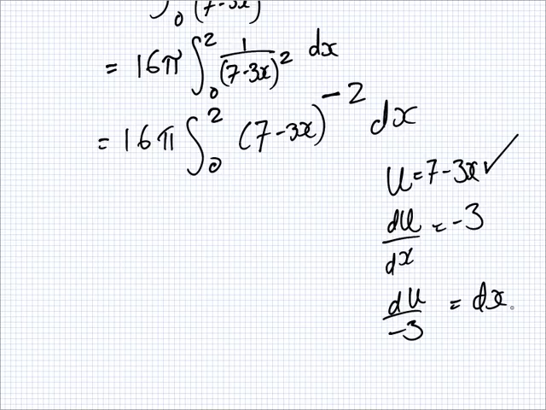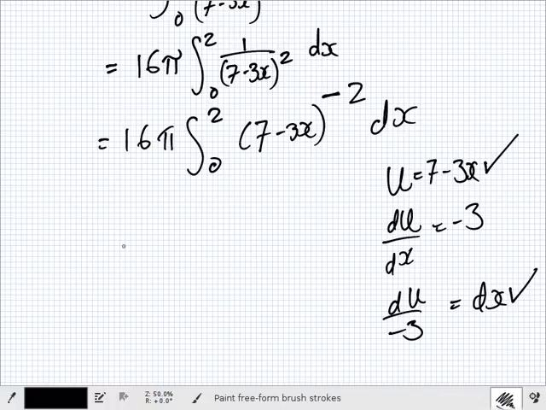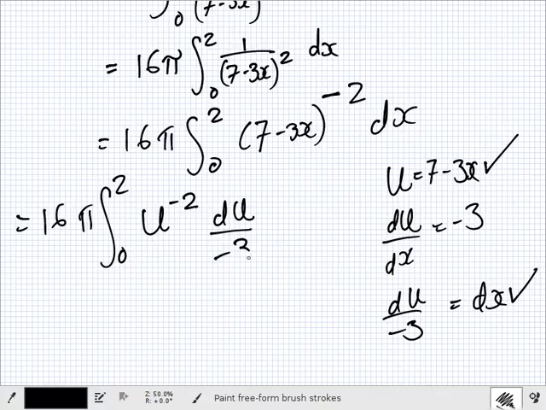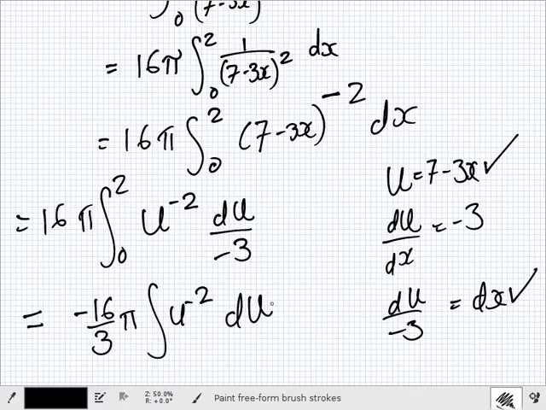So we can use these two results now. This becomes 16 pi, 0 to 2, u to the minus 2, du over minus 3. This equals minus 16 over 3 pi, u to the minus 2 du.